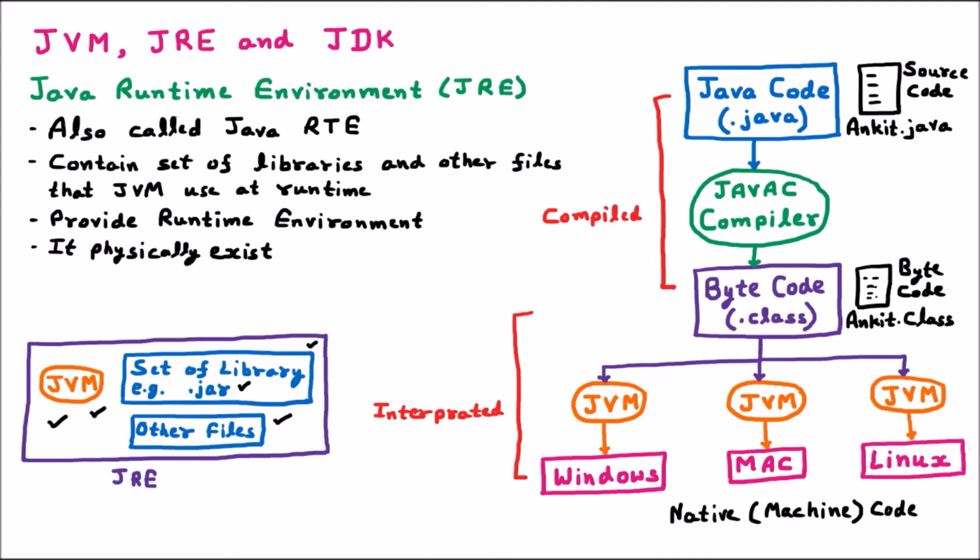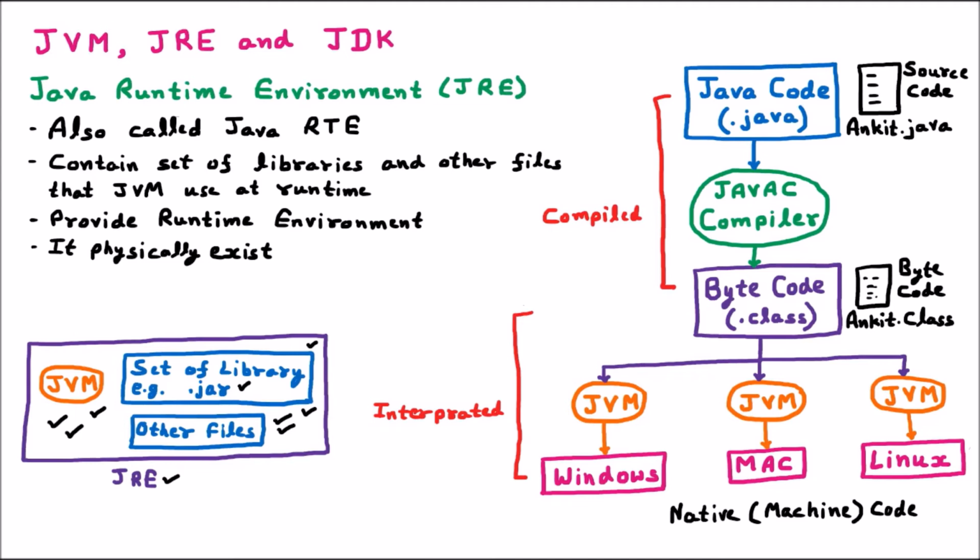JVM is a Java virtual machine which is not physically available, and it helps the Java code to run. But for the JVM to work, we need a set of libraries and other files which are provided by the JRE. So actually, the runtime environment is provided by the JRE.